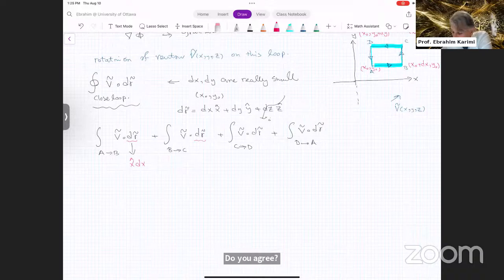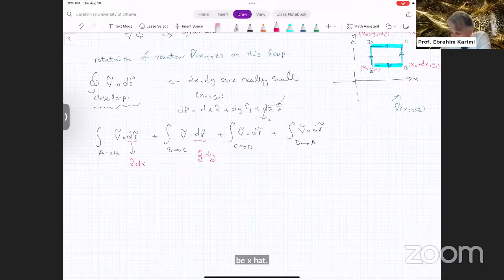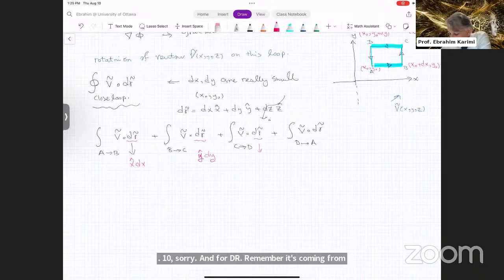For dr from B to C, it will be along the y direction, y hat dy. And for dr coming from C to D, the displacement will be essentially x hat times minus dx, because it's coming back. And for D to A, that will be equal to y hat times minus dy.